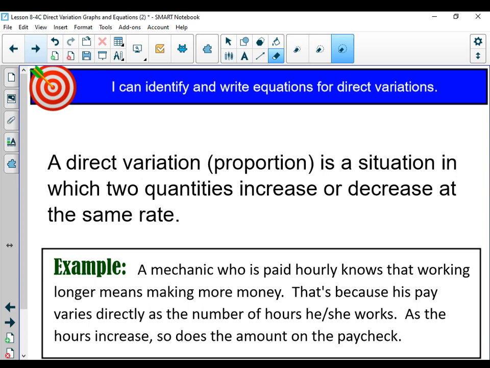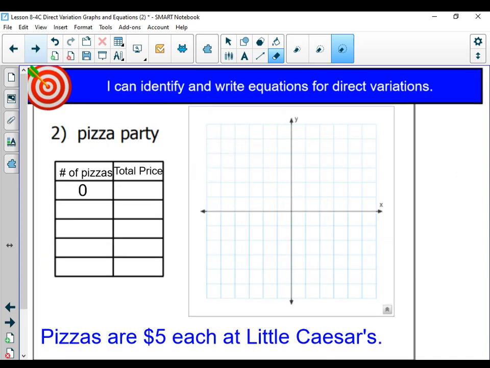So when it gives us that first example of buying pizzas at Little Caesars, $5 each. Is it with tax? Okay, we'll pretend there's no tax. If I don't buy any pizzas, I pay no money.